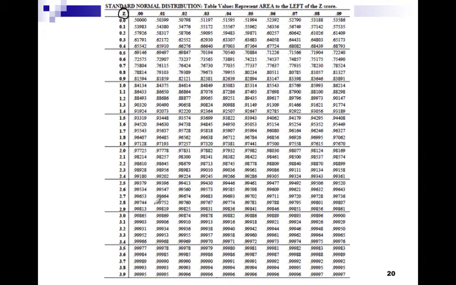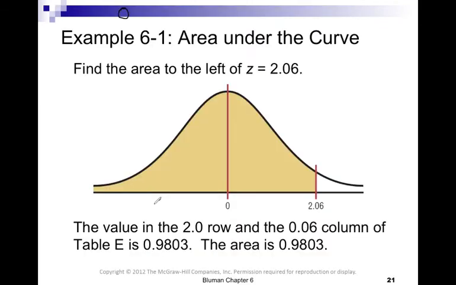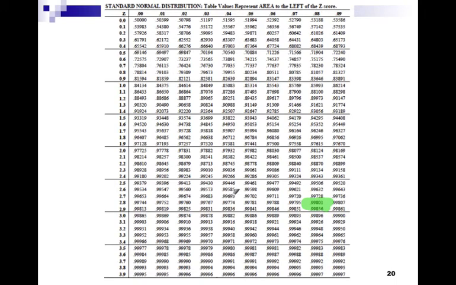So what we're going to do, and I'm going to go back and forth between some slides here. When I go forward in this slide, it says we want the area under the curve to the left of z is 2.06. So here's the z-score we're looking for. We're looking for 2.06. All right, so I'm going to go back. Here's 2.0, and here's 0.06.